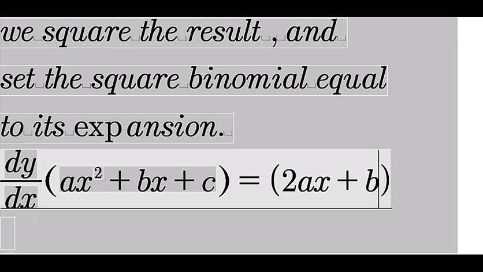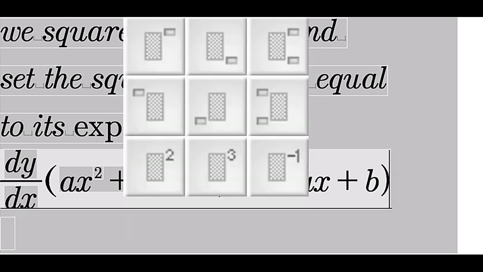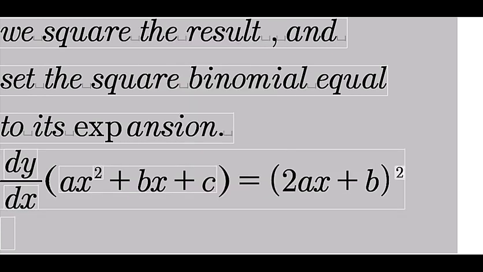We square the result now. So now we have to do the last one, which is set the squared binomial equal to its expansion.